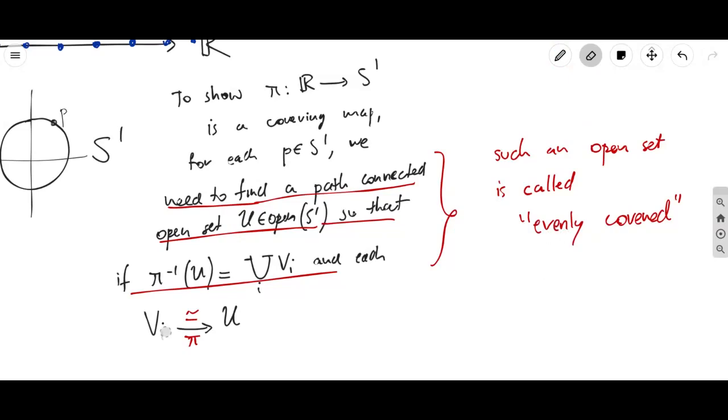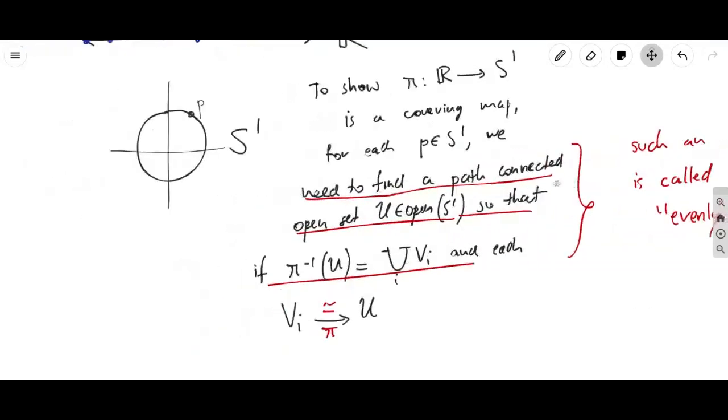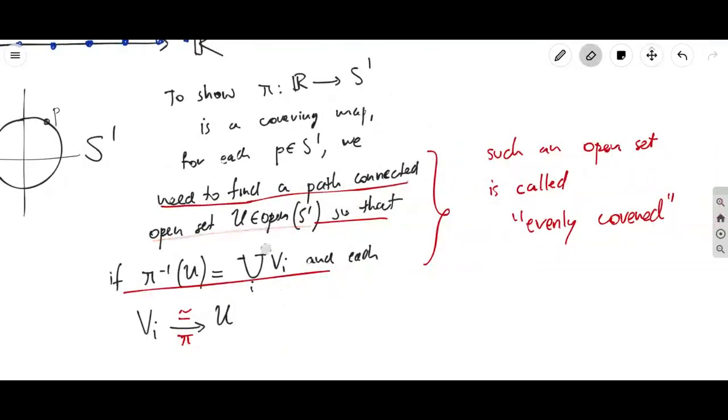The idea, of course, is that when you pull it back, every one of the pulled-back open sets is being mapped homeomorphically. So they're all sort of the same thing. That's why we call it evenly covered. It's sort of the same throughout. So instead of writing this entire sentence over and over again, you can just say we need to find an evenly covered open set. And we can always assume it's path connected itself.